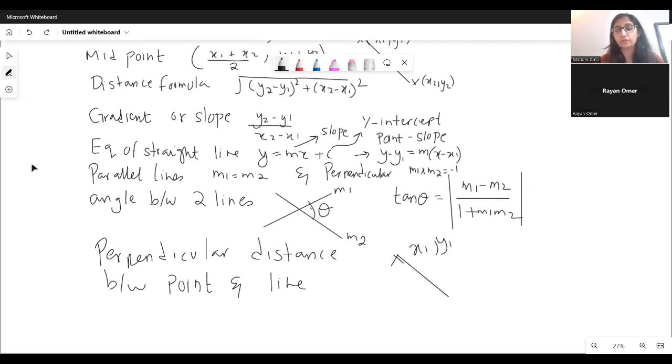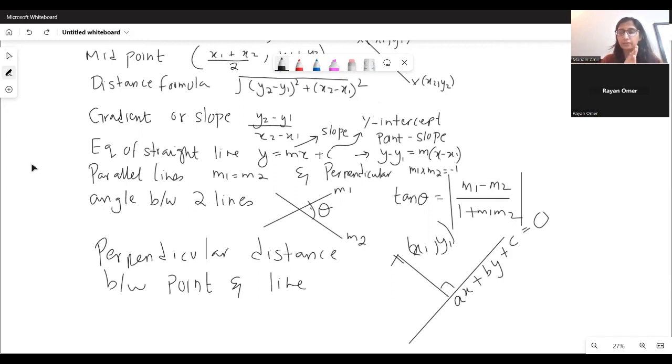the line needs to have its equation written in this form: ax plus by plus c equals 0. So the point is x1 comma y1, and you'll have to rearrange the equation of the straight line in this form.